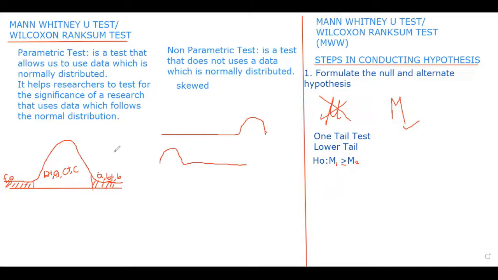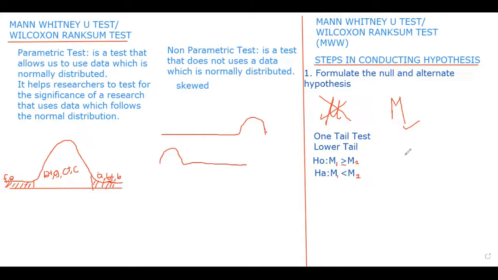Then the HA, that's the alternate, will be the direct opposite. If the null says greater than or equal to, the alternate will be less than M2.